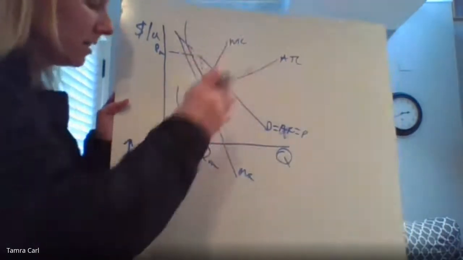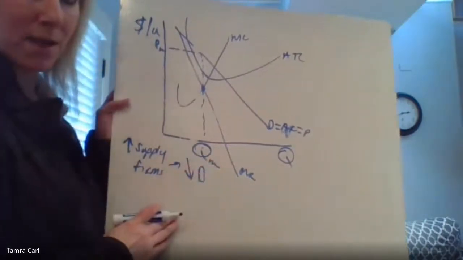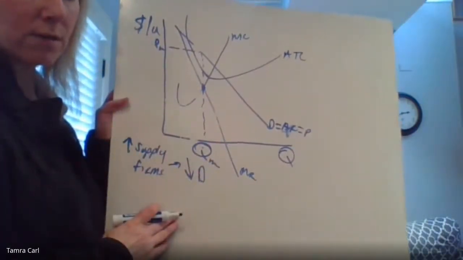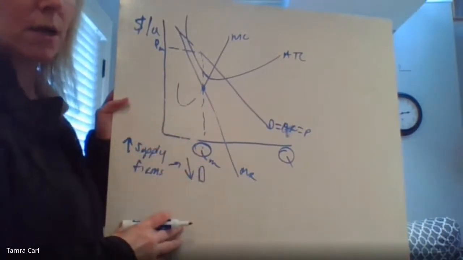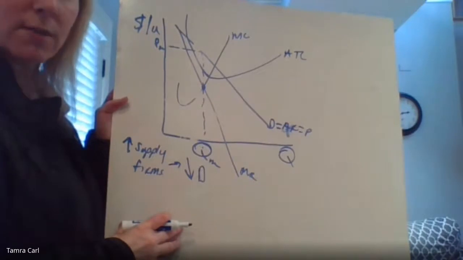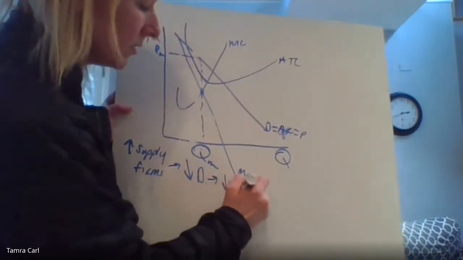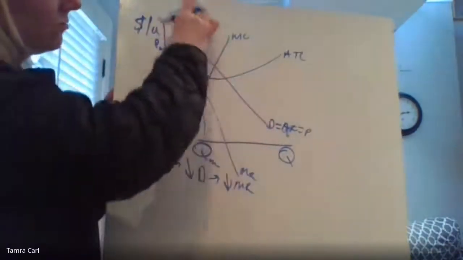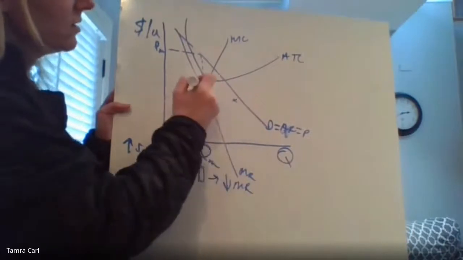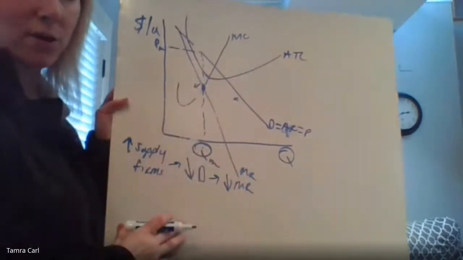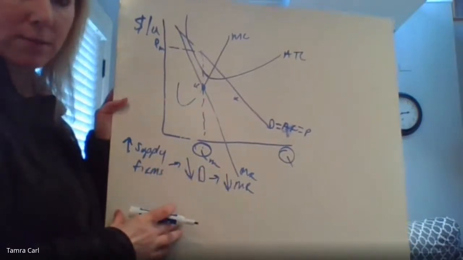And so this firm's still going to be there, but this is going to cause a decrease in the demand for this monopolistically competitive firm. And if there's a decrease in the demand, that means there's also a decrease in the marginal revenue, because these two, remember, travel together. And so they're both going to shift to the left. They're not going to make you draw that or anything.